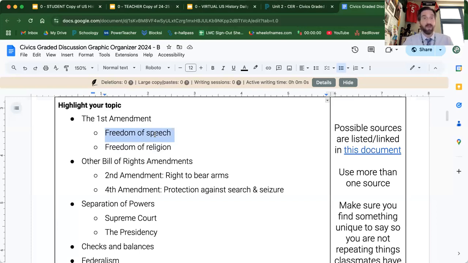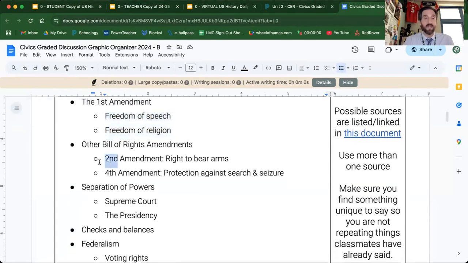Freedom to petition, freedom of assembly, you can do that as well. However, we have links over here for these two freedoms mentioned in the First Amendment. Any of these topics, any of these ideas listed here, we have links in this document over here with possible resources, possible sources for you.